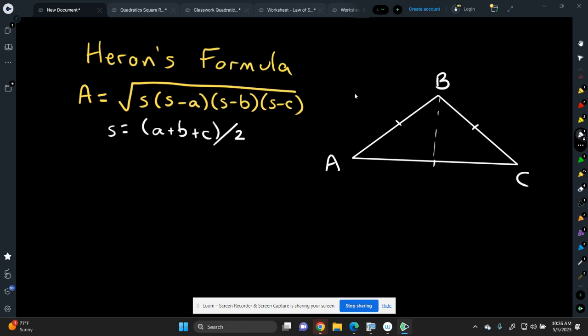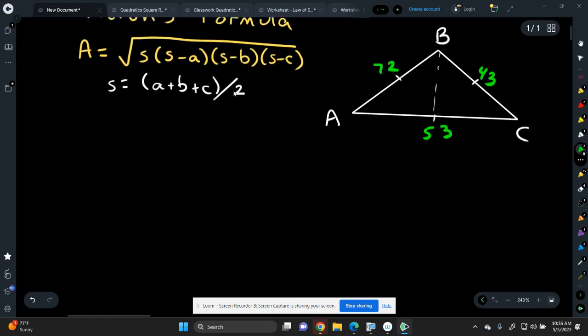So as an example, let's look at a triangle where side A is 43, and side B will be 53, and side C will be 72. So first we have to figure out what S is.